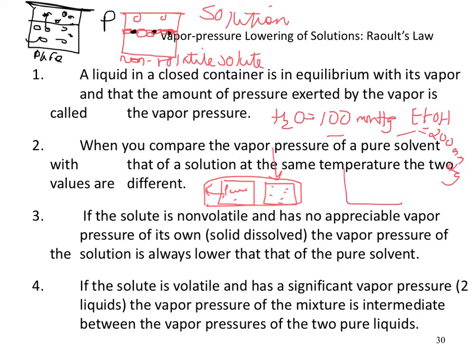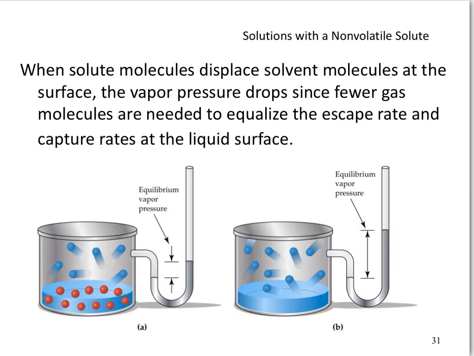That means if ethanol is here and water is here, at a given temperature, then in between, depending on the ratio, whether it's closer to ethanol or closer to water, you will see that the mixture is going to have intermediary values. And that's what I'm trying to show here as well.